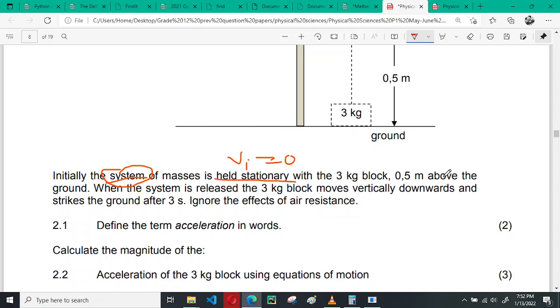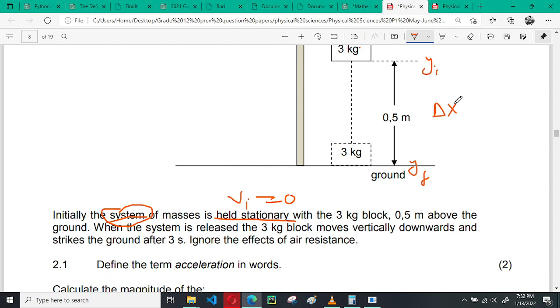This is the height, we see it here, and this is our displacement. At this point is our initial height, and at this point here is our final height, yf.